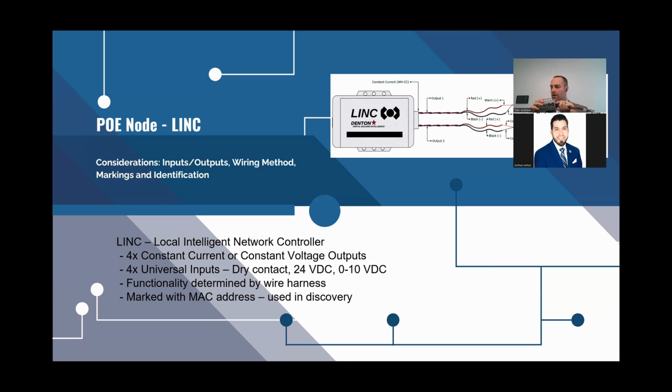And then we have 4 universal inputs. They are 24 volt. We can do 24 volt DC on off signal, dry contact on off, or 0 to 10 volt on these. So you can pick which kind of input you'd like.